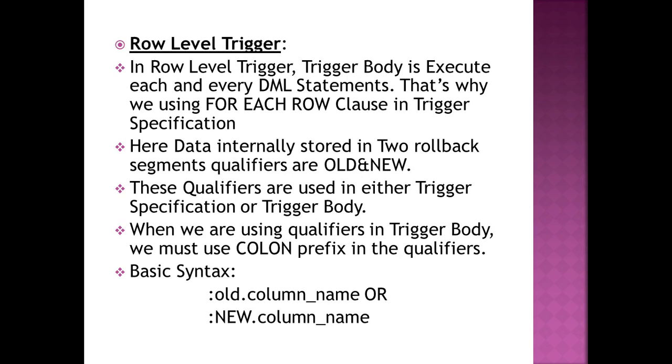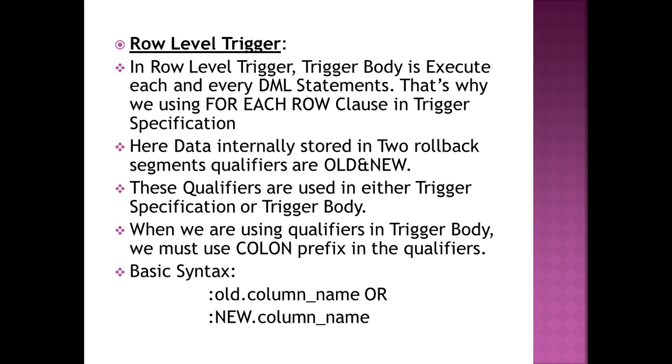Are you clear? After that, in a row level trigger, data is internally stored in two rollback segment qualifiers. Two rollback data will be stored in two rollback segments: old data and new data. Whenever you enter new data, the old data is stored separately somewhere.